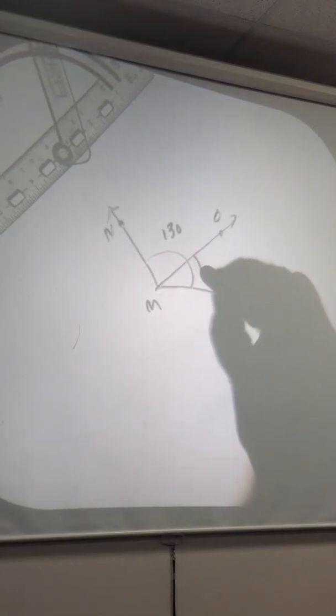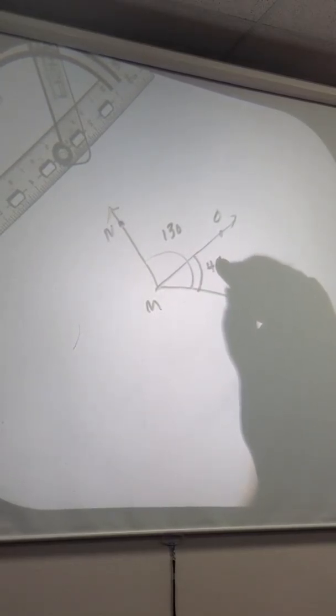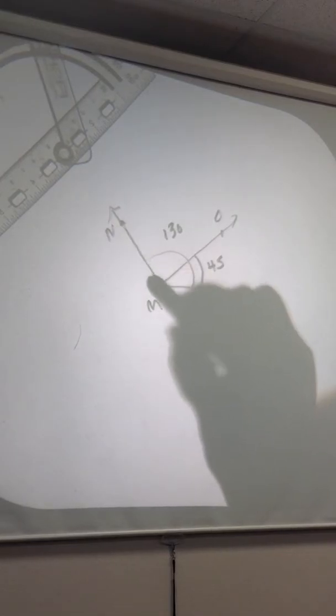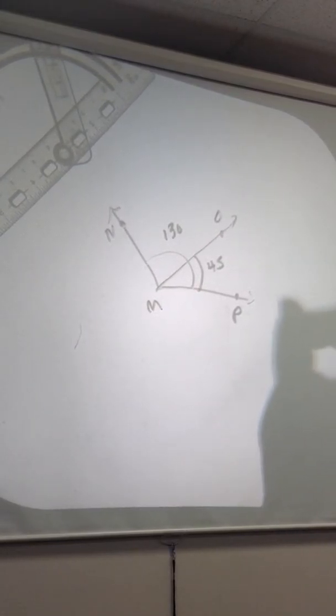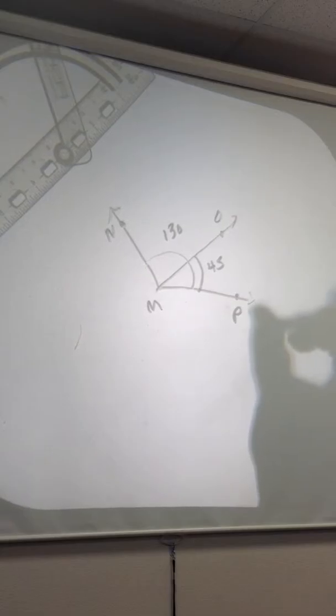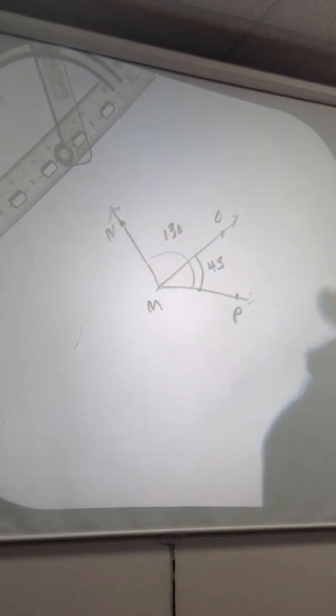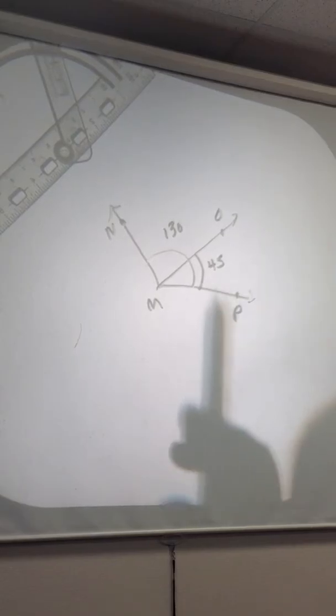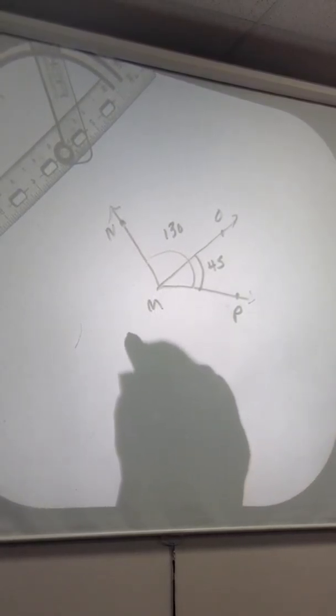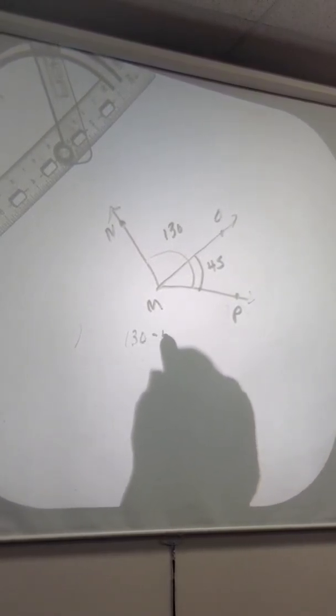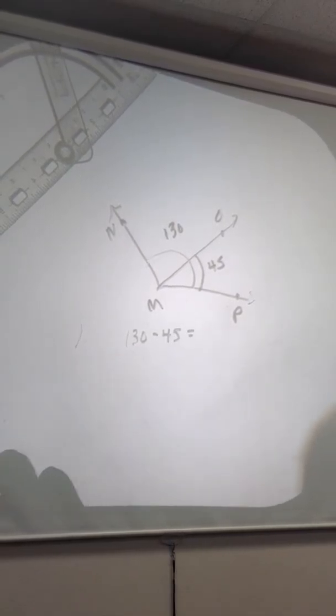And this angle is 45. How big is angle NMO? And how can we find it? What do you think? All right, we subtract 45 from 130. So you would go 130 minus 45 equals what?